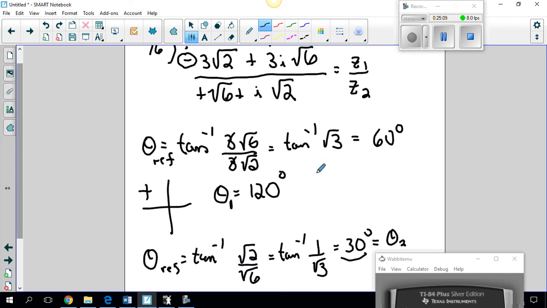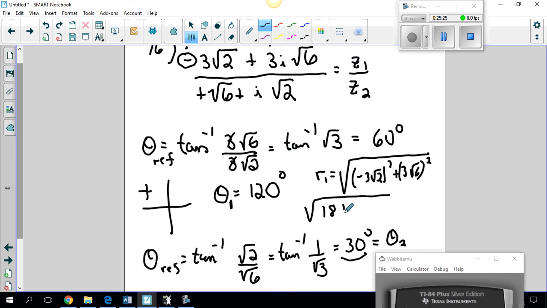Now you have to figure out the radius. R1 is the square root of negative 3 radical 2 squared plus 3 radical 6 squared, which is the square root of 9 times 2, 18, plus 9 times 6, 54, which is 72, square root of 72, which is 36 times 2, 6 radical 2.